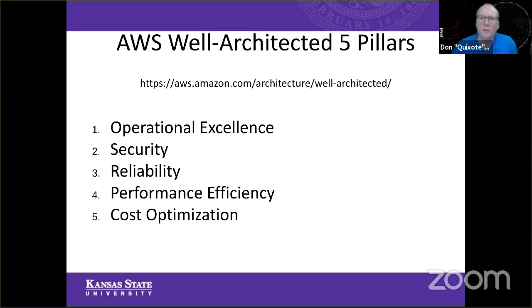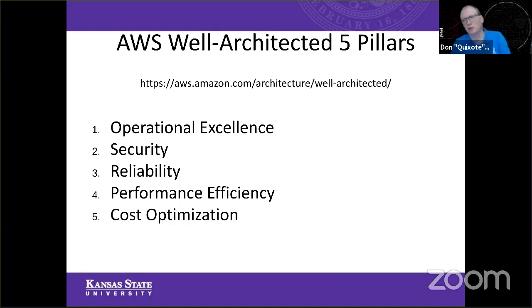All right. Following those pillars is what really directs you to a better, well-architected AWS environment. You really need to understand those if you want a good product in the end, an environment you can use well that does all the things you need it to do securely and reliably.